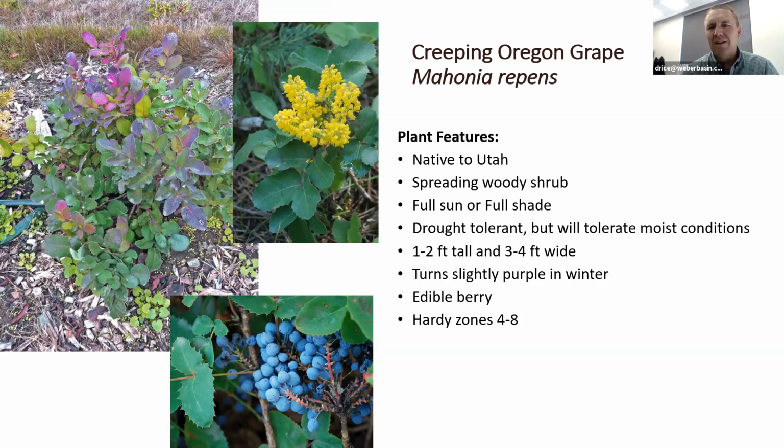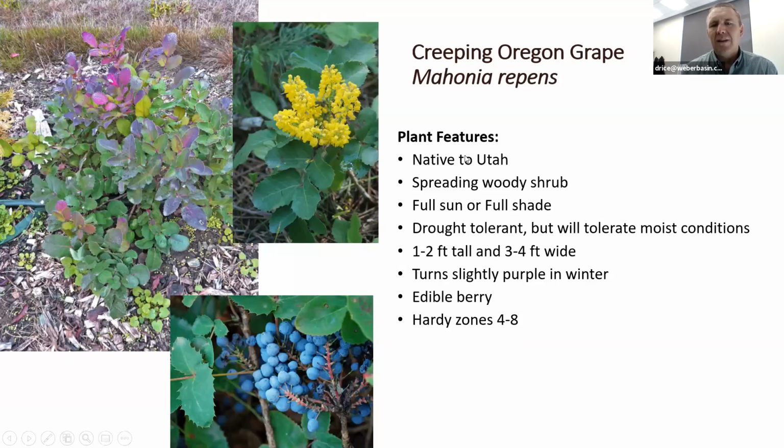It does kind of have that little serrated edge, kind of like a holly. It's not nearly as sharp or as prickly, but it does have that. But a good choice, a nice option for a lower water, understory plant. It does say spreading because they can spread out a little bit. Usually stays pretty short. I've seen a lot of these that are around a foot to 18 inches tall.